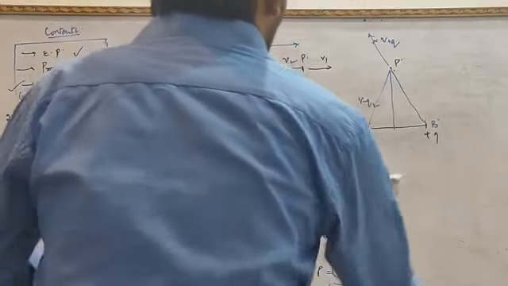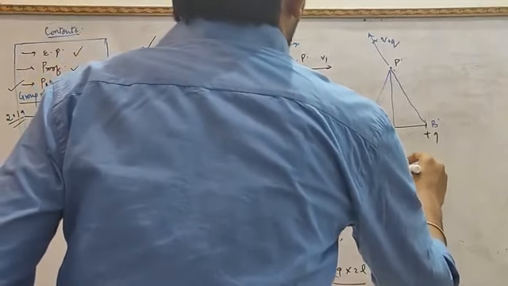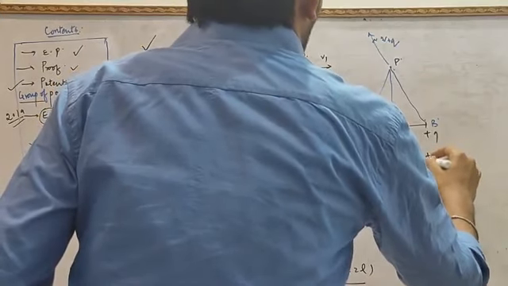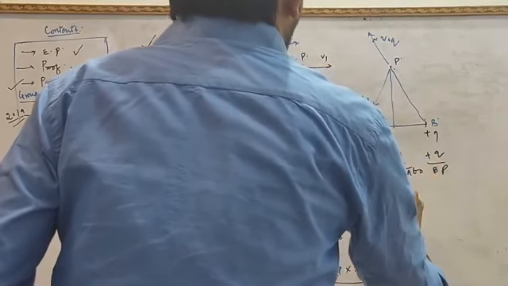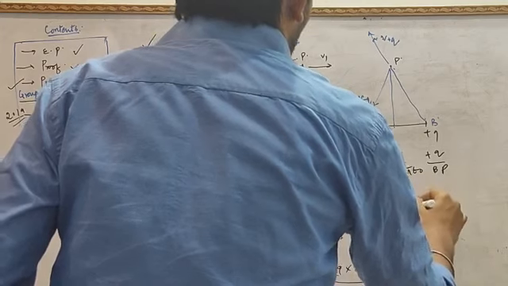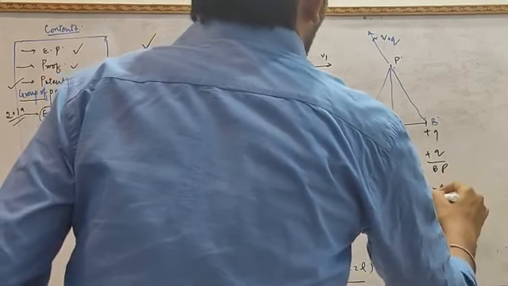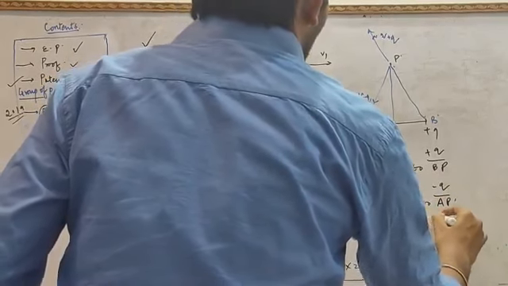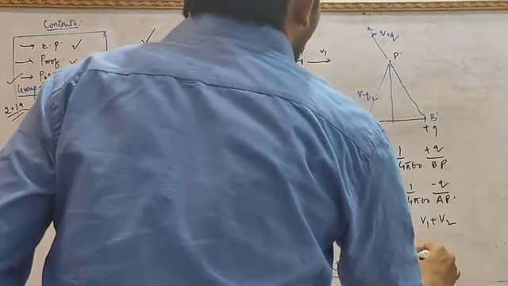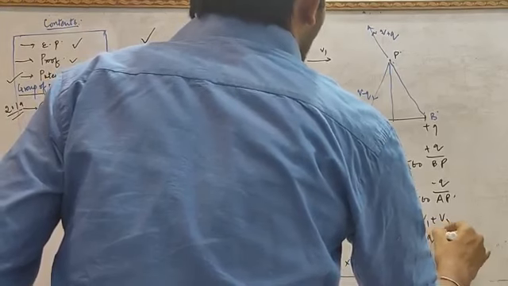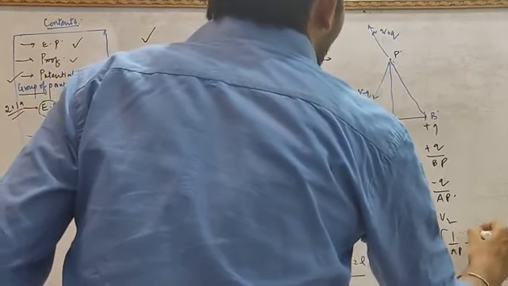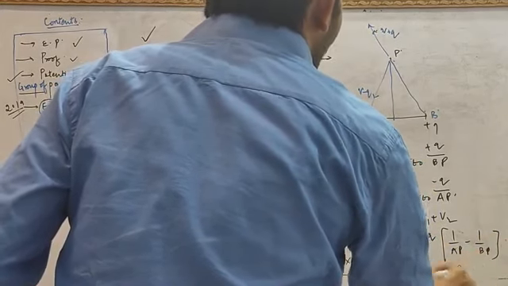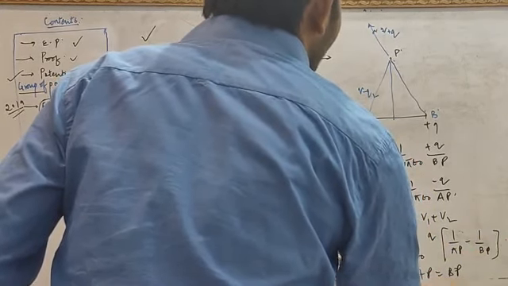We know very well the electric potential due to plus Q is 1 upon 4 pi epsilon naught plus Q upon BP. Electric potential due to minus Q is 1 upon 4 pi epsilon naught minus Q upon AP. V net equals V1 plus V2, that is 1 upon 4 pi epsilon naught Q times (1 upon AP minus 1 upon BP). We know very well AP equals BP, so V net equals 0.